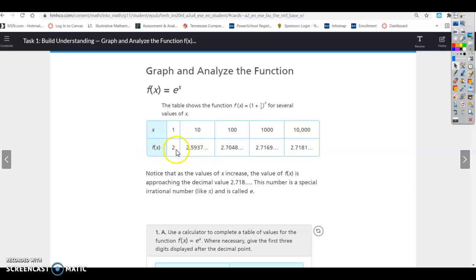So it goes from 2 to 2.5937, 2.7048, 2.7169, 2.7181. All right, so notice as the values of x increase, the values of y, or f of x, is approaching the decimal 2.718. This number is a special irrational number like pi, and it's called E.